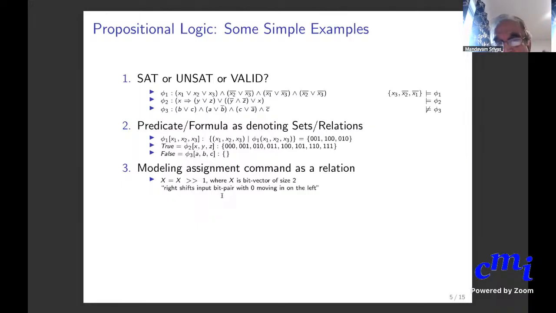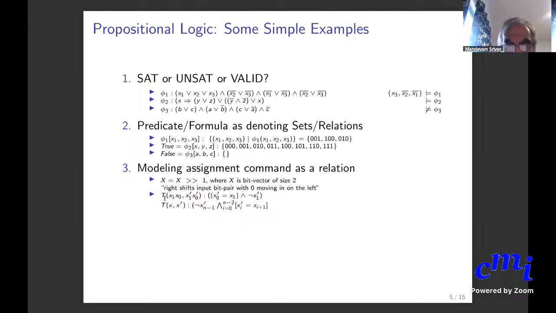Like I showed in the beginning slide, you can model it as a relation that relates the value of the bit vector at the beginning of the assignment and after the assignment, pre and post the assignment.